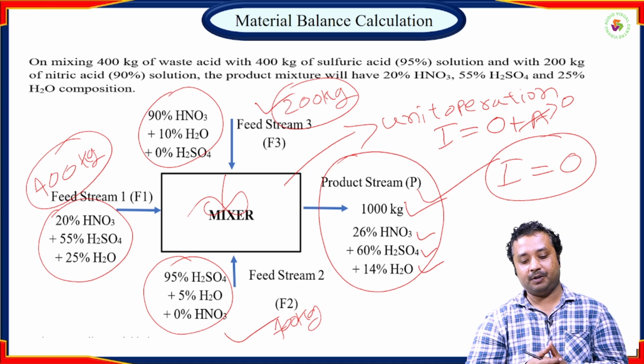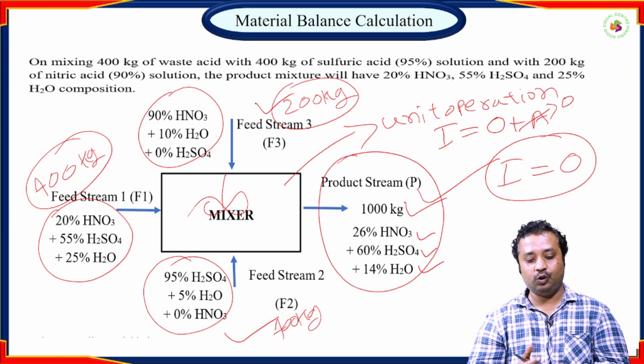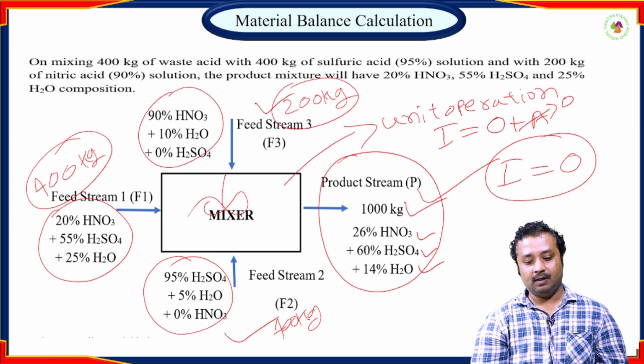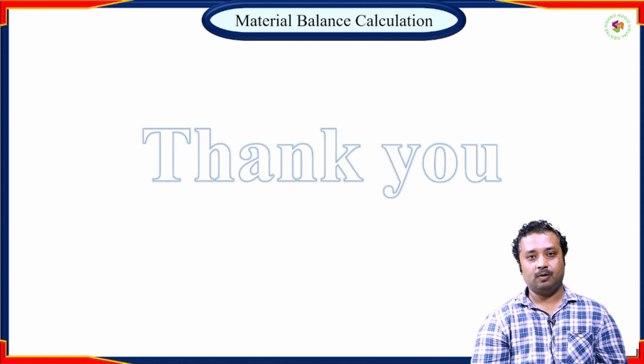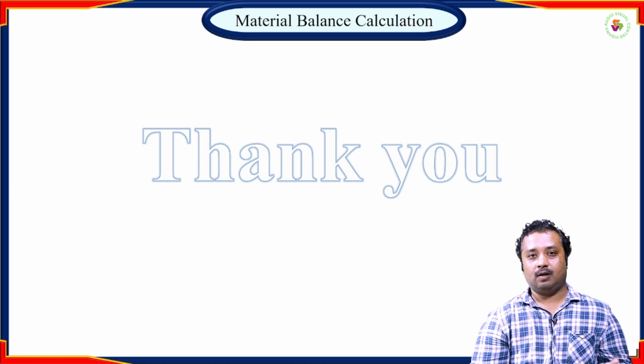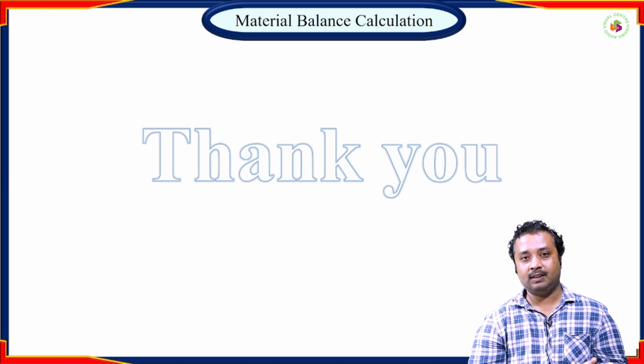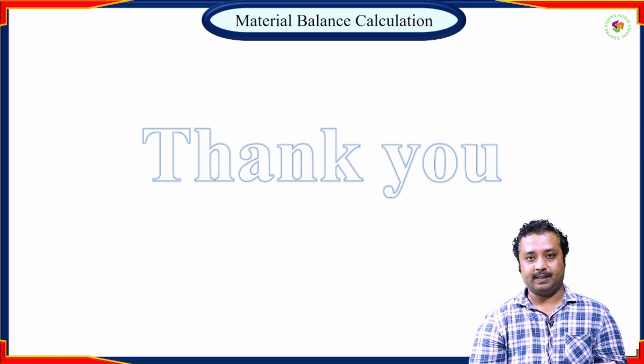By taking these two approaches of material balance, we solve these numericals. So thank you. This is all about material balance calculations, theory and one example. In the next classes, we will solve material balance calculations for many other unit operations.